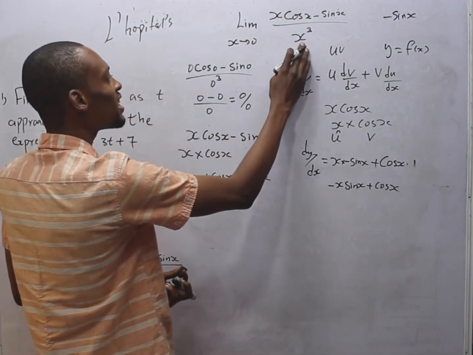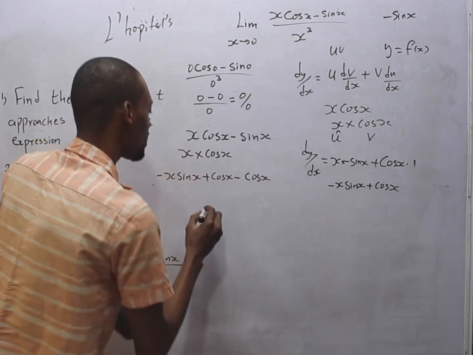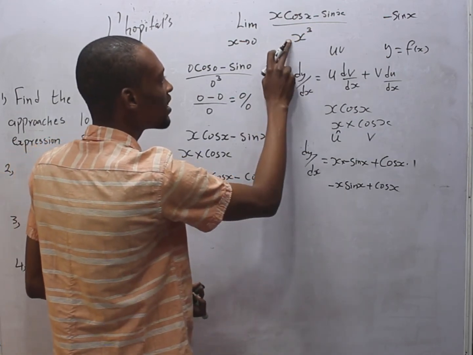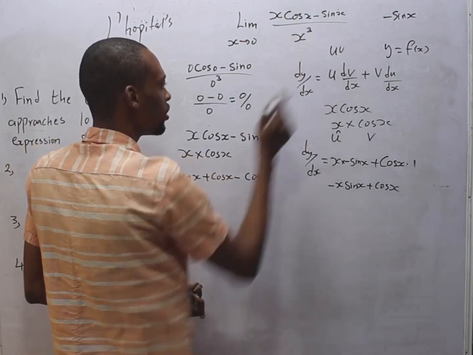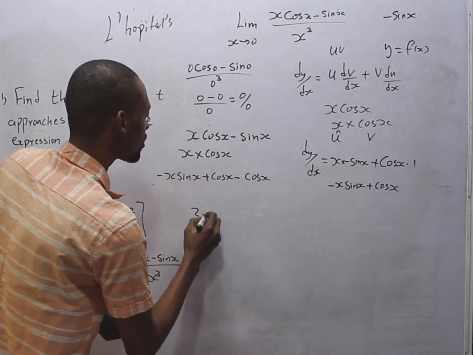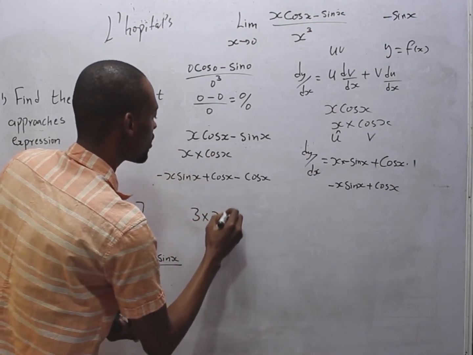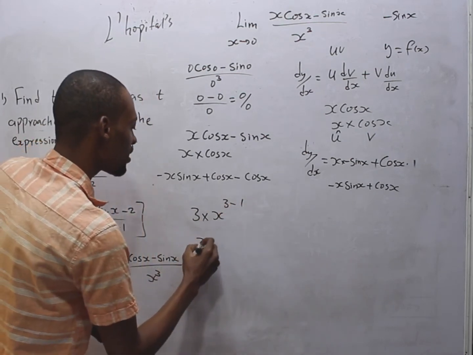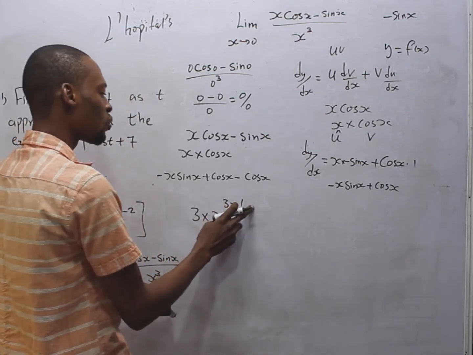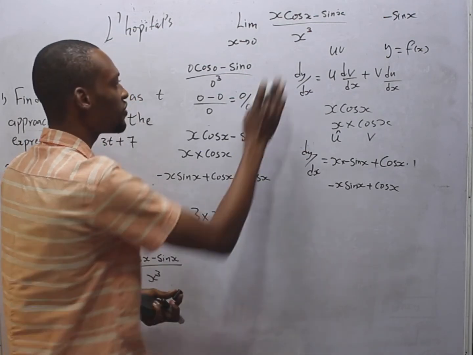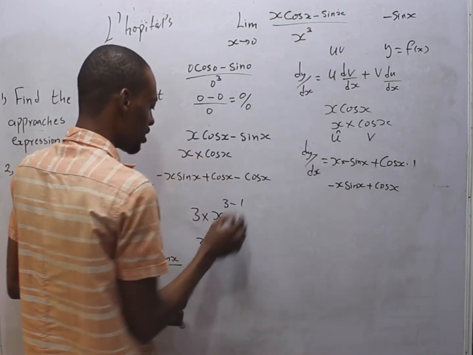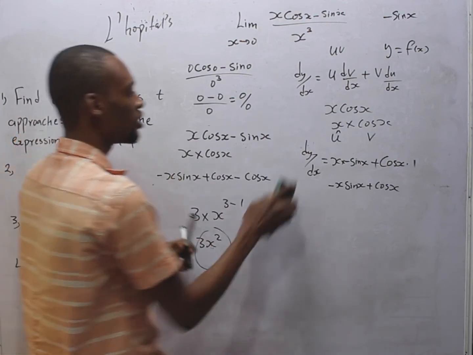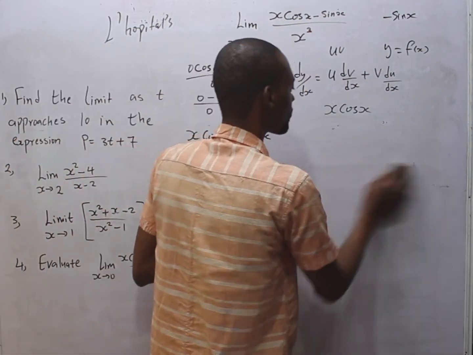Then when you differentiate s raised to the power of 3, you use 3 to multiply here and subtract 1 from the power to give you 3 times s raised to the power of 3 minus 1. 3 times s is 3s, and 3 minus 1 is 2. So when you differentiate s raised to the power of 3, this is what you get. So we've gotten the numerator and denominator. Now let's write that down.